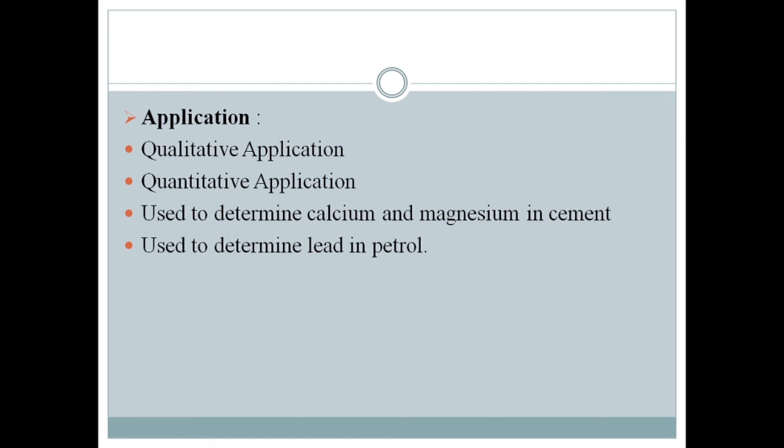In qualitative application, flame photometric methods are widely used for the determination of alkali and alkaline earth metals in samples that are easily produced as an aqueous solution, and some of these elements can be determined visually by the color in the flame. For example, sodium gives a yellow flame, which we easily visualize by eye.